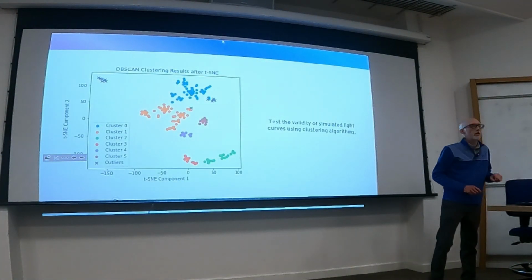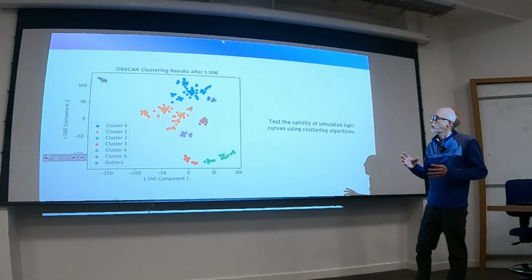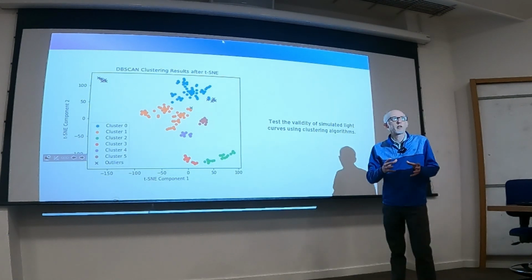My part of the project is to try and cluster these objects in some meaningful way to test simulations of a disk model, so that a disk model will generate a light curve.